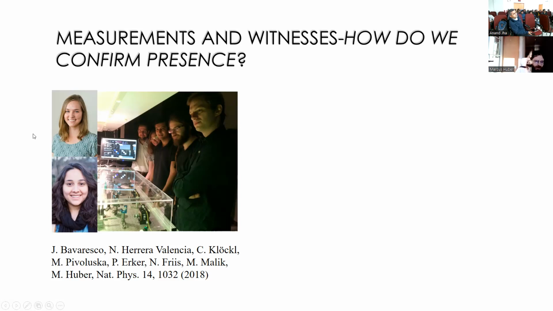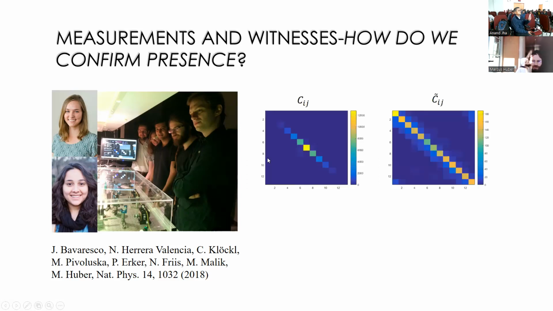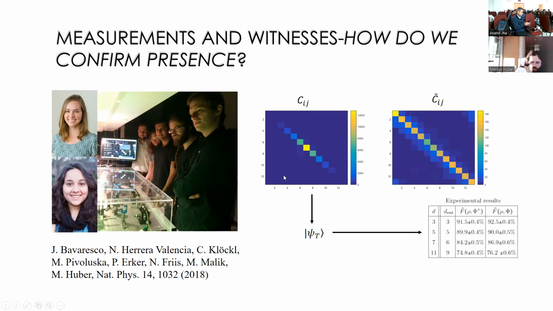Together with my PhD student Jessica and Natalia, who then became Mehul's PhD student, Nico and Claude, we managed to take these two measurements, this experimental data, and use it to prove a lower bound to fidelity with a certain target state, and then in turn use a theorem connecting the fidelity with the entanglement dimensionality or the Schmidt number of the mixed quantum state. So that was the start.